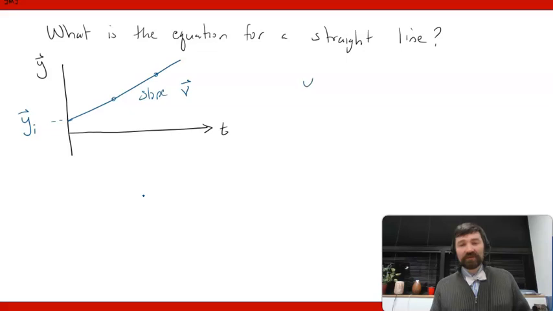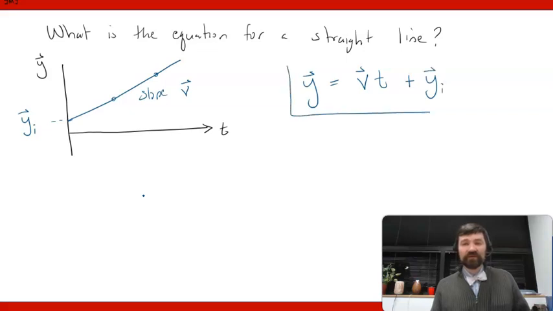And so my equation becomes y is equal to mx, m being the slope, which is the velocity, x being t, the time, plus b being my initial position. So this is if I have a constant value of velocity.